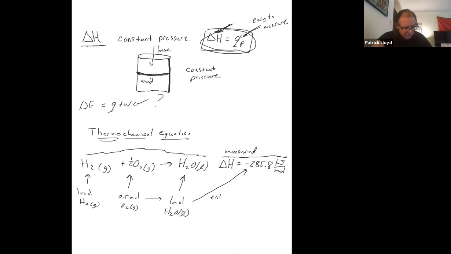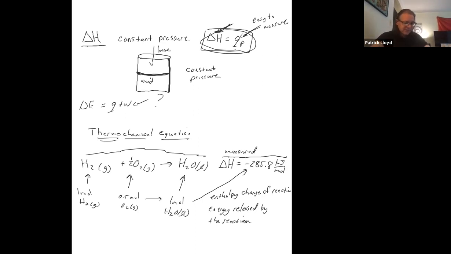So this is the enthalpy change of the reaction. Essentially, it's the energy released by the reaction. By giving us the thermochemical equation, they're not only telling us what the reaction is, what the materials are, they're telling us how much energy is exchanged in that particular reaction.